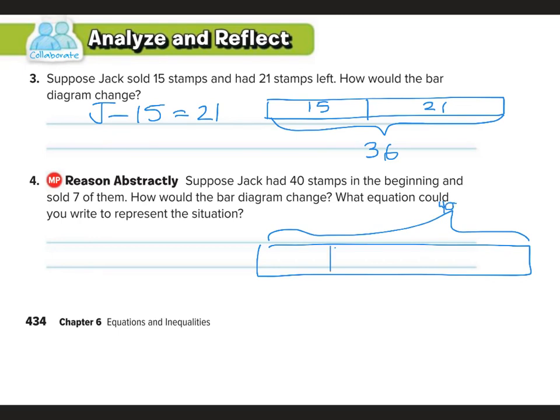And if he sold 7, then we would have to take 40 minus 7 to get 33. What equation could you write to represent the situation? You could write 40 minus 7 equals 33. Okay, those are the answers for this inquiry lab.